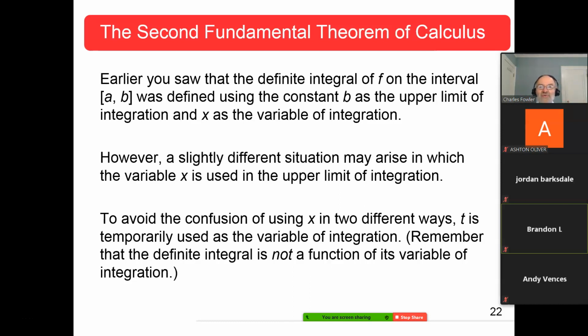You have to change your dummy variable. So to avoid the confusion of using x in two different ways, oftentimes they use t or some other variable as the dummy variable inside the integral, the variable of integration. Remember that that definite integral is not a function of its variable because you integrated it out.